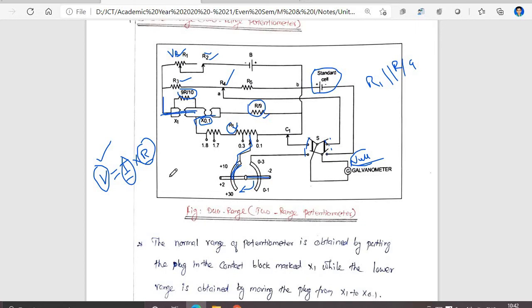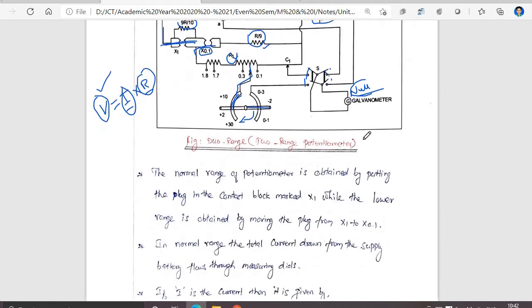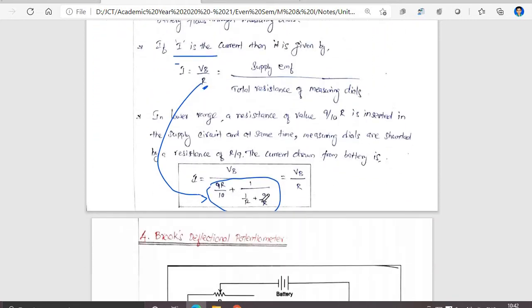Whenever resistances are connected in series you can directly add the values. Whenever resistances are parallel, we use the formula 1 by R plus, because it's like an inverse of the series.